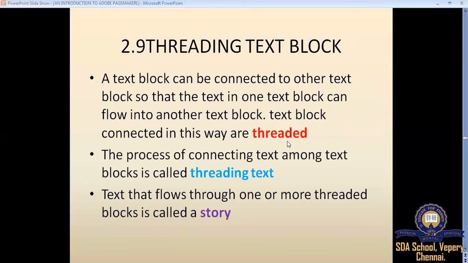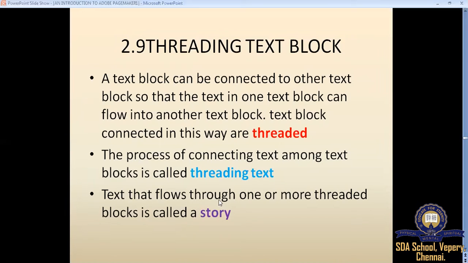So we are going to learn what is threading. A text block can be connected to another text block, so the text in one text block can flow into another text block. This is called threading. The process of connecting text among text blocks is called threading text.